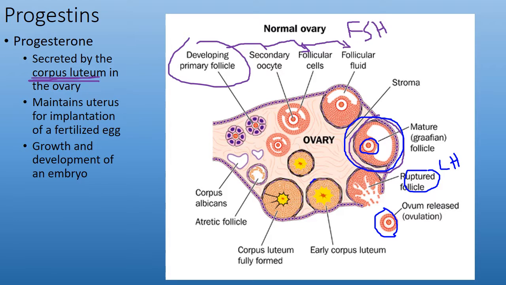If fertilization occurs, what we see here is the development of a corpus luteum. So this ruptured follicle will then develop into what's known as a corpus luteum. This corpus luteum will secrete progesterone and develop the uterus for implantation of a fertilized egg if this occurs.